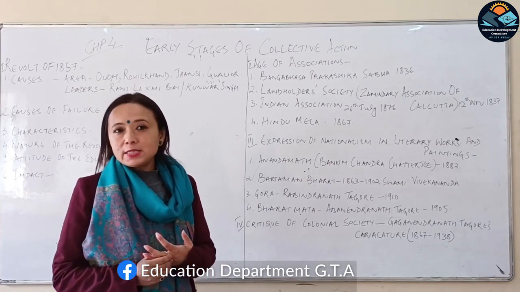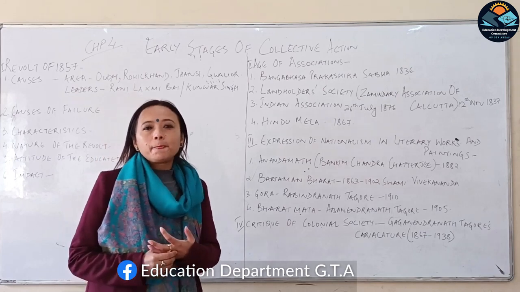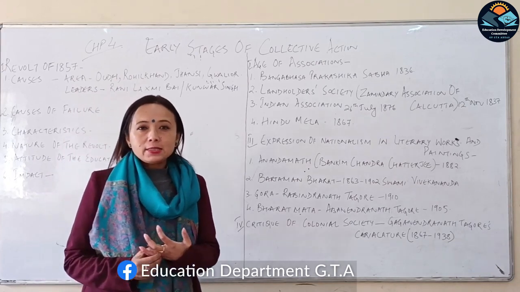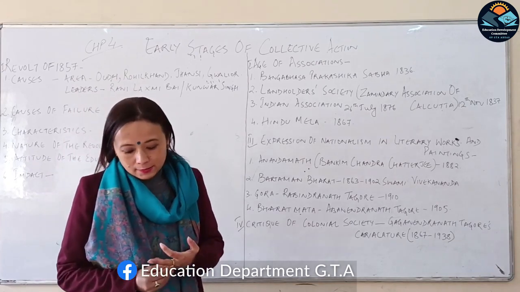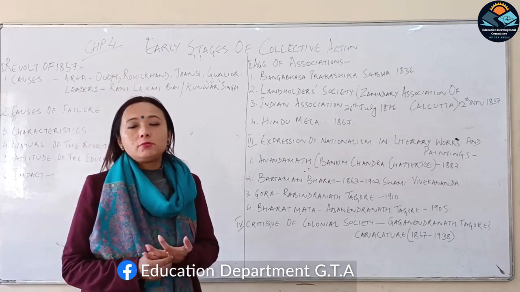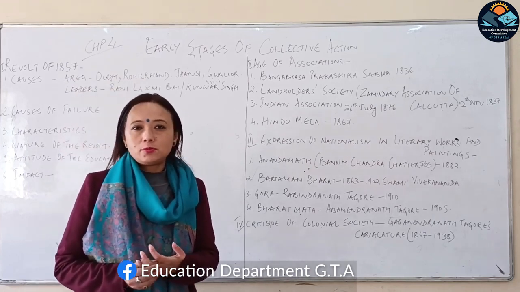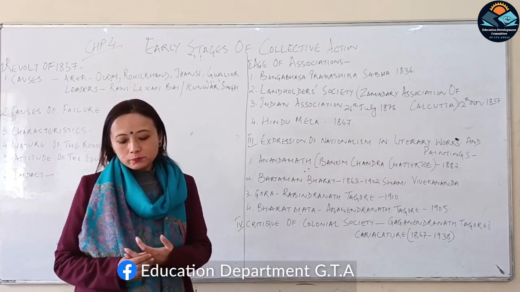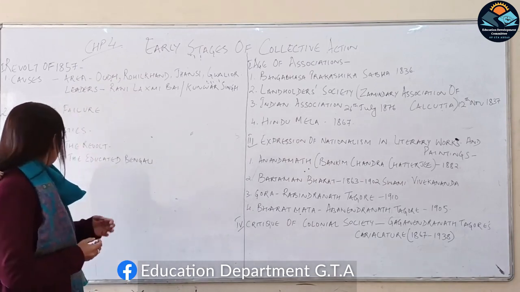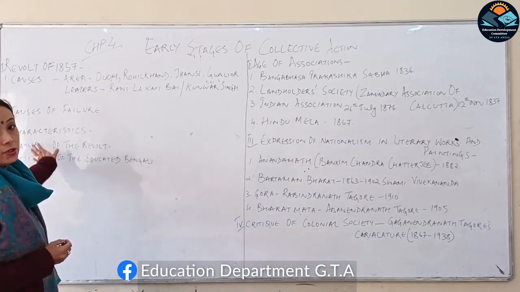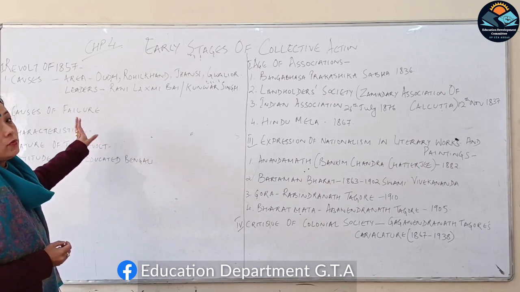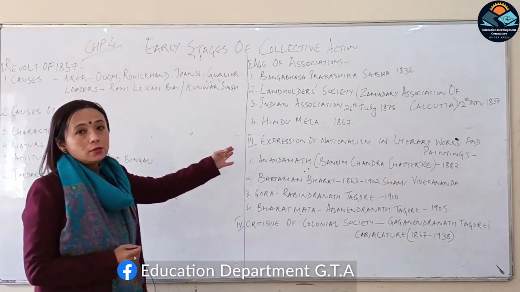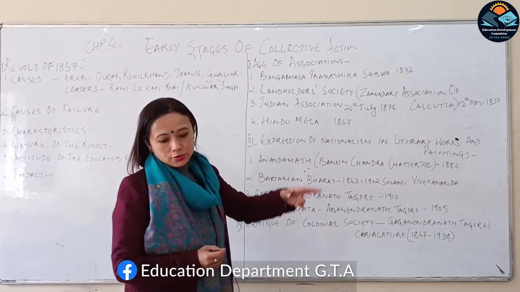Despite all these promises, we find that these promises were not fulfilled, and the exploitation and the torture of the British government continued. Now with this, we finish off with the revolt of 1857. Now we shall go over to the age of associations.